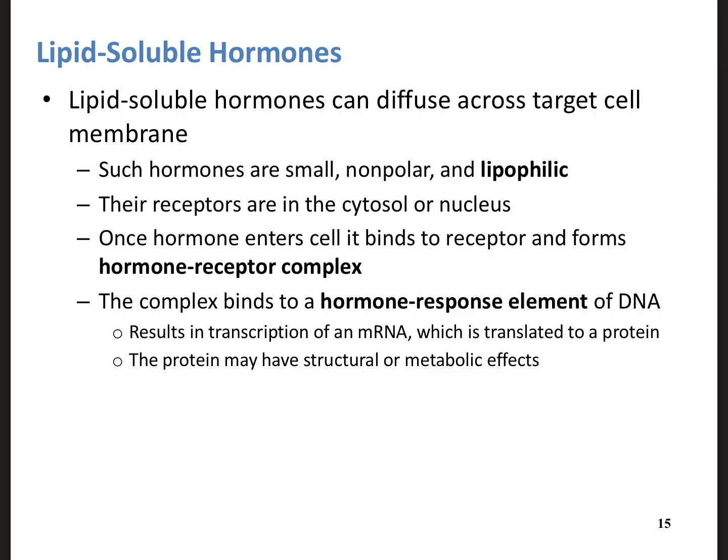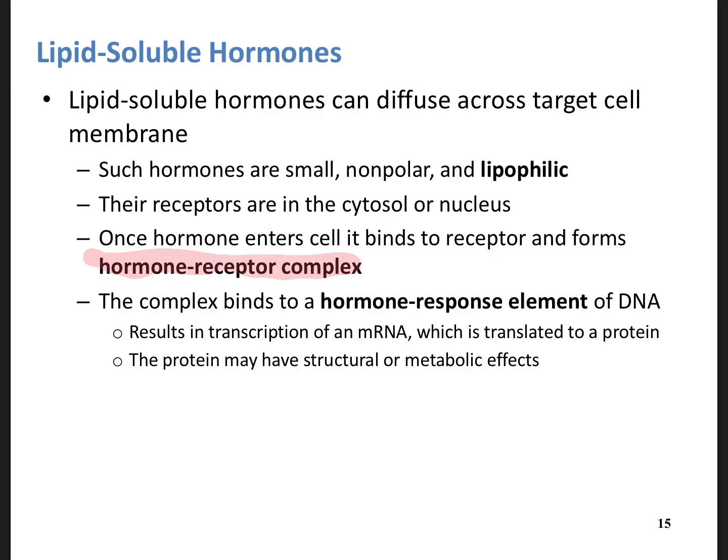So, lipid-soluble hormones, because they are soluble in lipid and they are hydrophobic, can easily pass through the membrane. Okay? So their mechanism of action, how the hormone works, is that it's going to diffuse across the cell membrane, because it can, and bind to its receptor inside the cell and form what's called a hormone receptor complex.